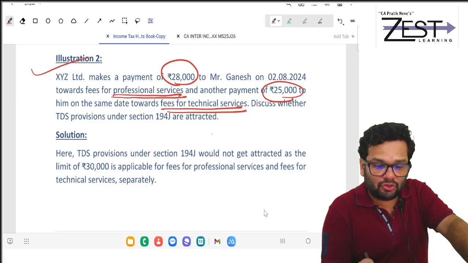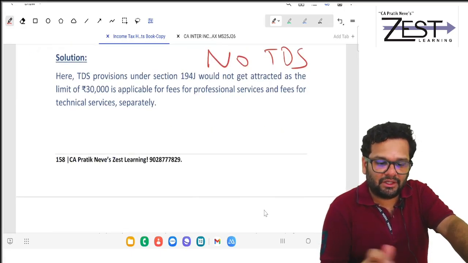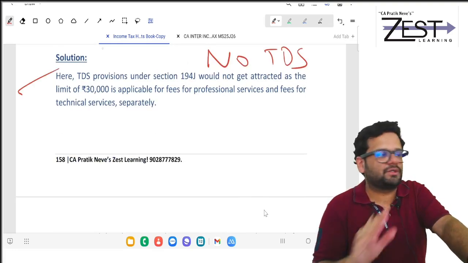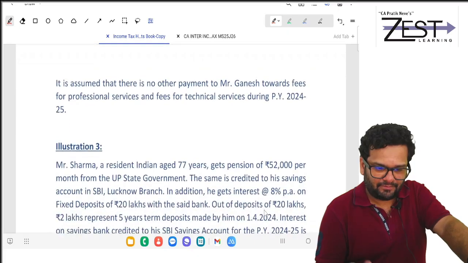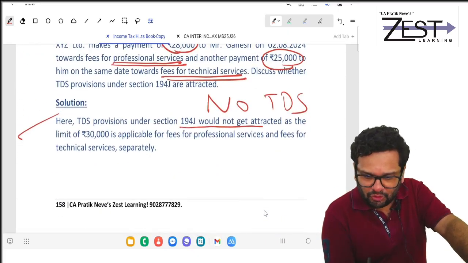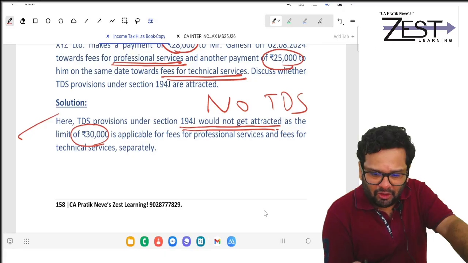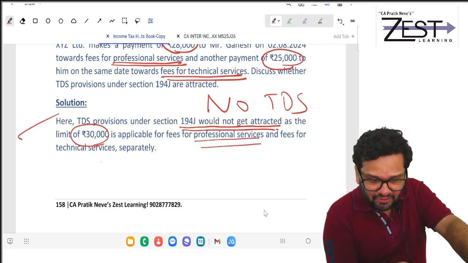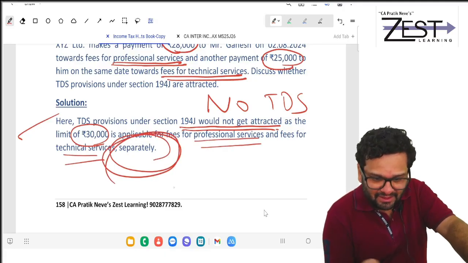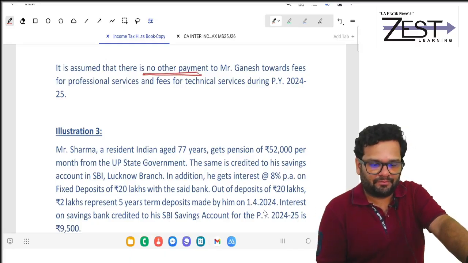So what is the solution? Fantastic. No TDS. This is the institute's question. 194J would not get attracted as 30,000 is applicable for professional fees and FTS separately. And of course it is assumed that no other payment is made to him.